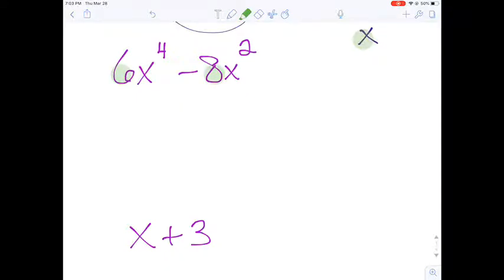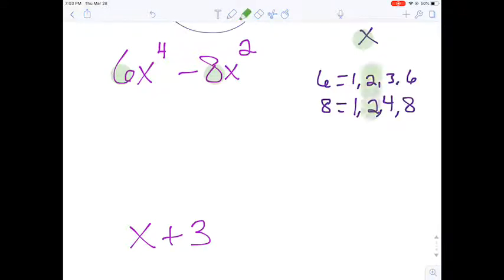I know that 6 is built up of 1, 2, 3, and 6, and 8 is 1, 2, 4, and 8. The greatest common factor I see is 2. That's the only one. There's only 2 and 1 that they have in common, and 2 is the largest. So 2 is going to be part of my greatest common factor.